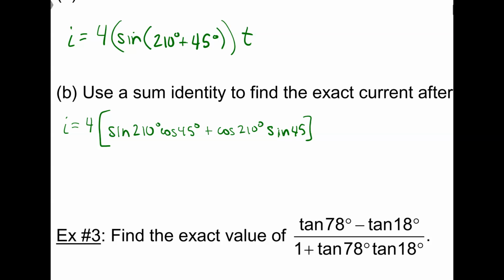And then don't forget to multiply by your t, which is just 1, so the 1 we can just ignore. Is there one sine in the first one and cosine in the second one? Because that's the alpha. If you look in your identity sheet, it goes sine alpha cosine beta plus cosine alpha sine beta.